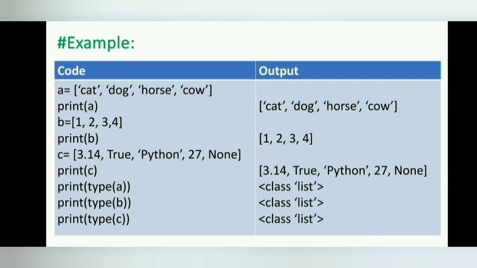The variable a is assigned only one value, the list value, but the list value itself contains other values. The following print statement, print a, will display the list cat, dog, horse, cow.